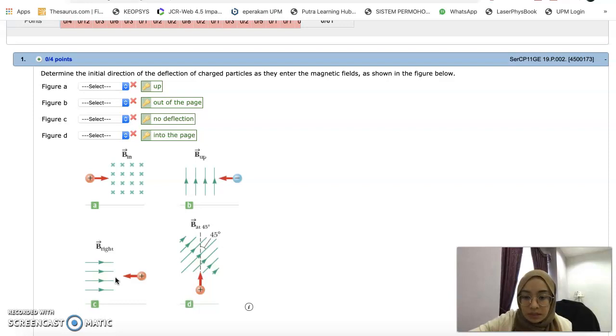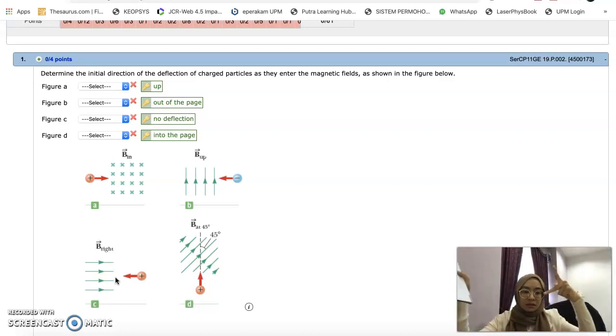Okay, so the next one is D. So it says here you have a charged particle going upwards. So your index finger goes upward, and then your B is 45 degrees. It's like that, but slightly like this. Instead of a perfect 90, it's a little bit smaller. And your thumb goes into the page.